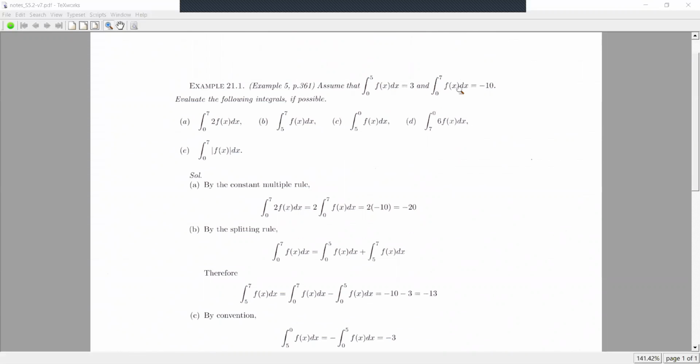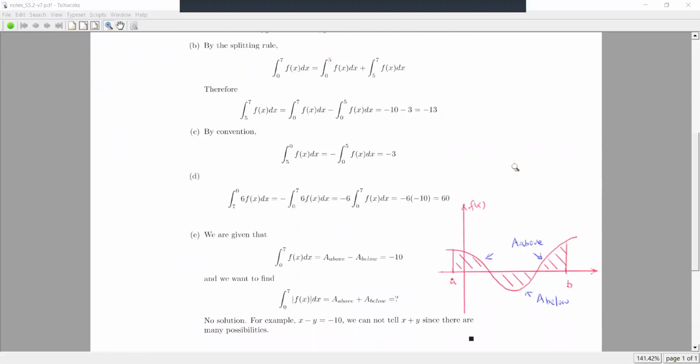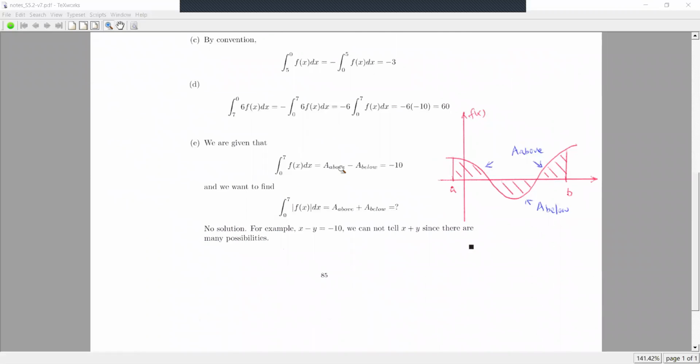This integral by formula is the total area above the x-axis minus the total area below the x-axis. It is -10. Now, A above minus A below is -10.